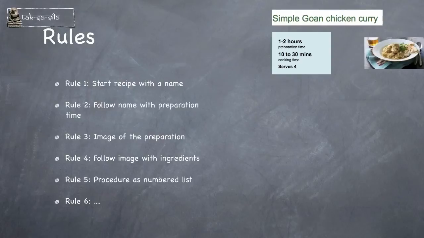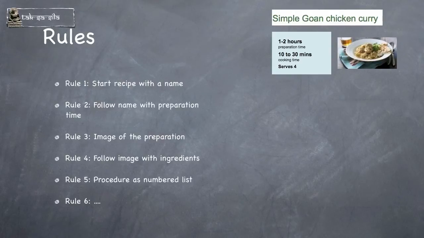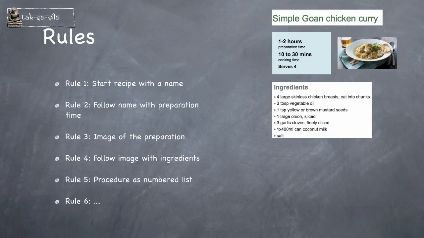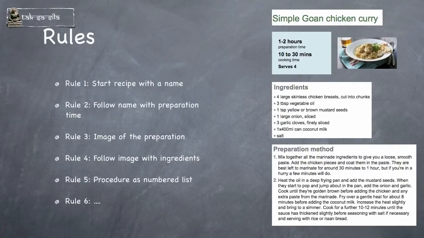If available, insert the image of the food item after the preparation time. Rule number 4. The image will be followed by the list of ingredients. Start the list by mentioning how many people the quantities mentioned will serve. Follow it by the name of the ingredients and the quantities in grams. Rule number 5. Using a numbered list, explain the procedure of preparing the recipe. Rule number 6, and so on and so forth.